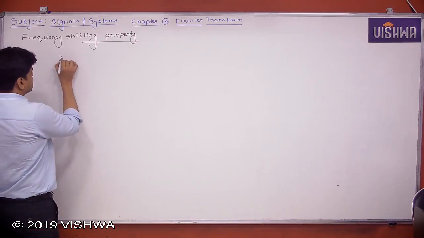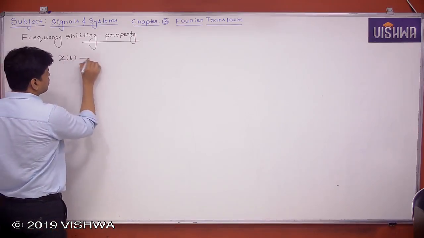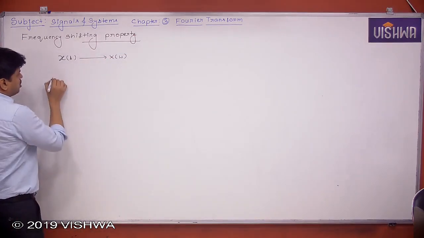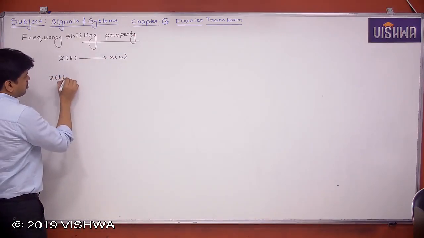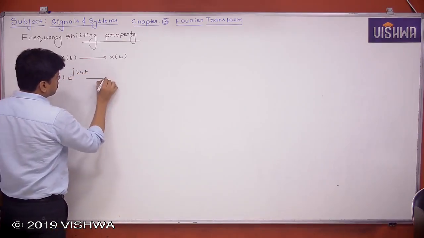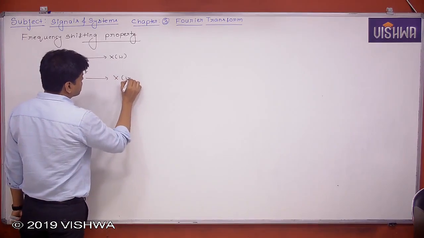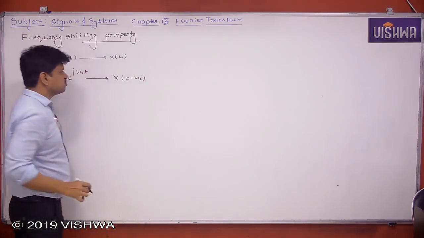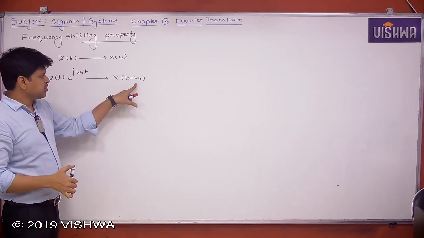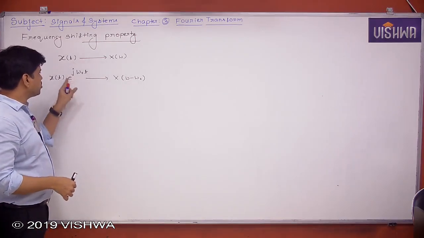Let's say a signal X of t has Fourier transform X of omega. Now, if the X of t signal is multiplied with e power j omega naught t, then the Fourier transform will be X of omega minus omega naught. If you observe carefully, here the frequency is getting shifted. In the time domain, we have to multiply with an exponential.